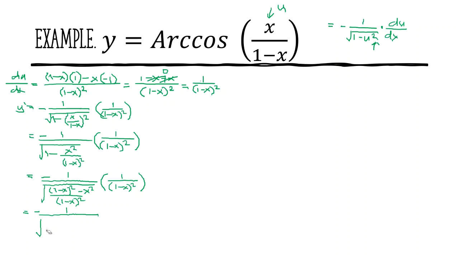1 minus 2x plus x squared. Again, we are just expanding this 1 minus x quantity squared, minus x squared, all over our denominator, which is 1 minus x squared, times 1 over 1 minus x squared.